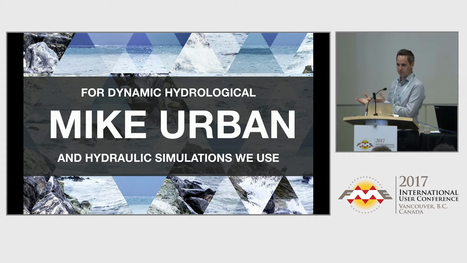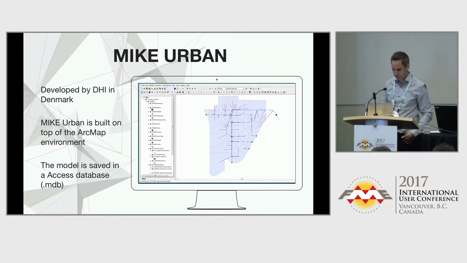So when you have surcharge from the sewer system where the water goes up in the terrain, you could put the water into the 2D model instead. You can simulate flooding, basically. Yeah, so this is Mike Urban. For those of you that know ArcMap, it's quite familiar. It's built upon ArcMap. It looks like ArcMap, but unfortunately some of the good features are removed.